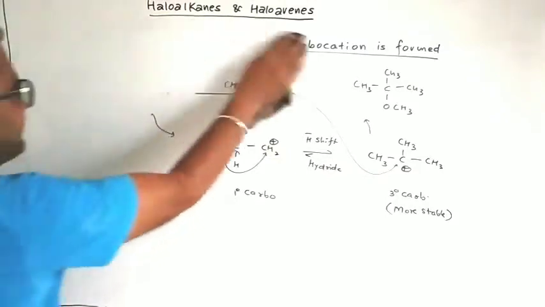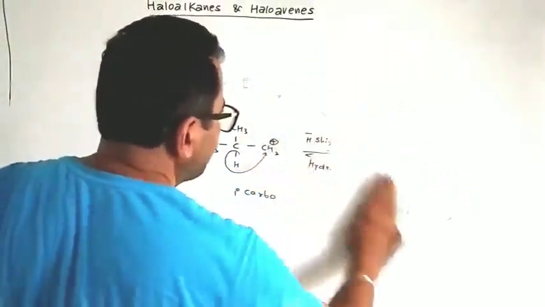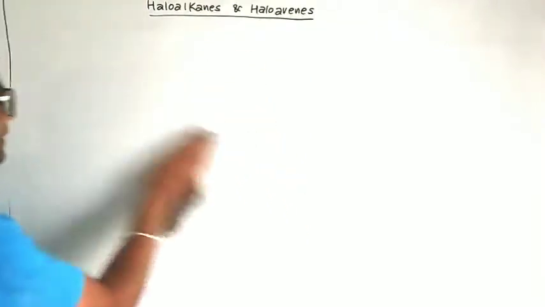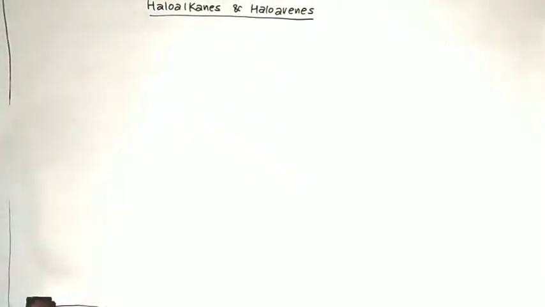So this is about the rearrangement. Next, come to the second type of reactions that alkyl halides generally undergo. They are elimination reactions.